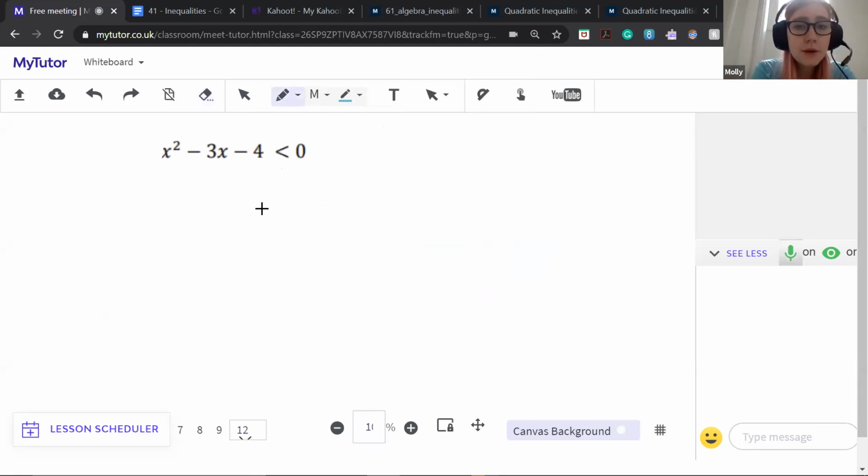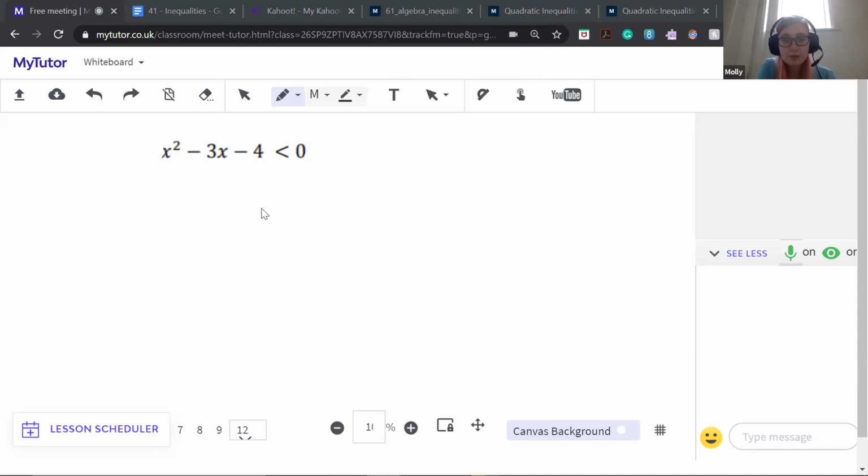So the first thing that we're going to do is we're going to factorize this quadratic. So pop in the chat, what do you think you get when you factorize this? Yeah, perfect.